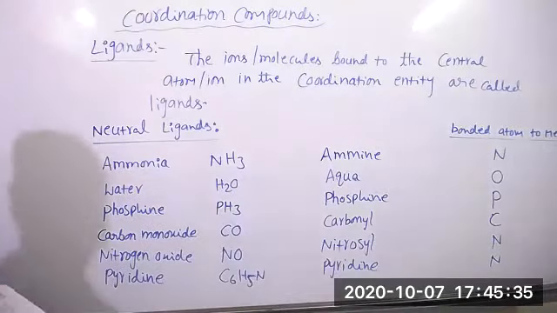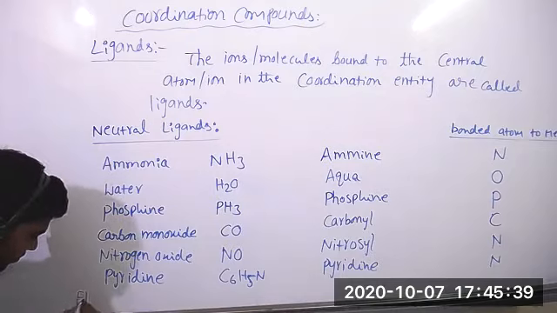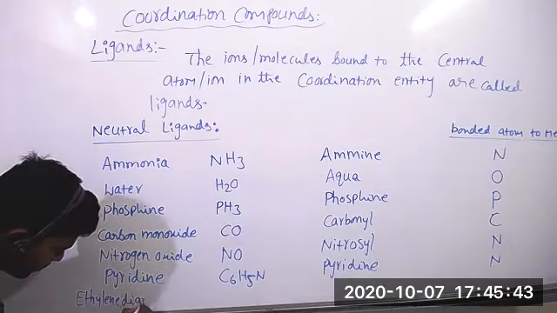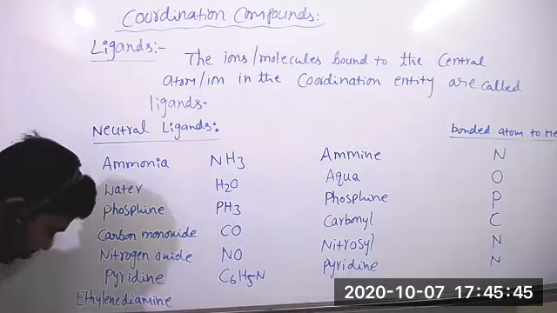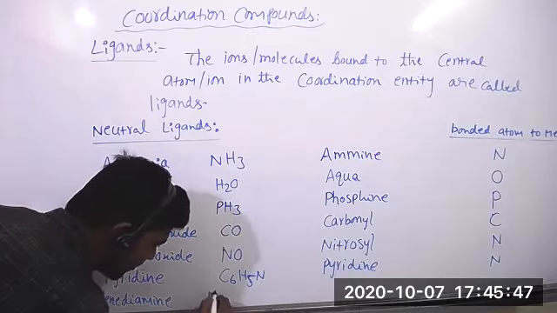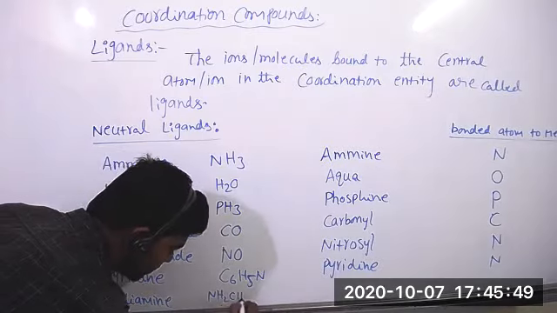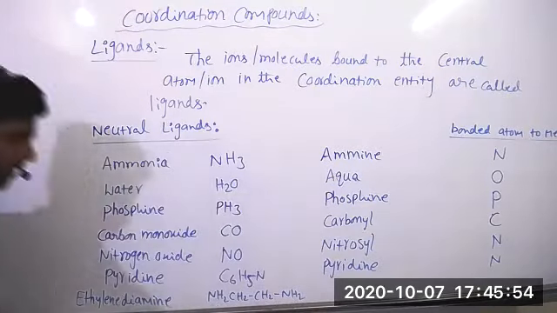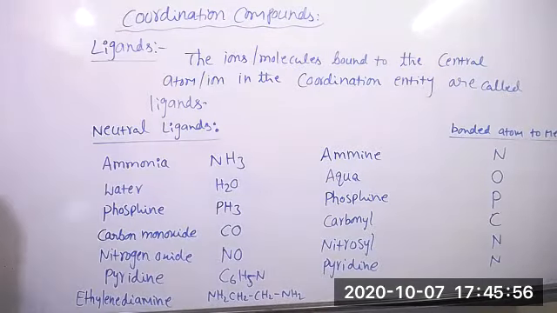The last one, ethylenediamine. The formula is NH2 CH2 CH2 NH2. So a total of 2 NH2 groups are there. Actually, it comes under didentate ligand, but however, it is also a neutral ligand.